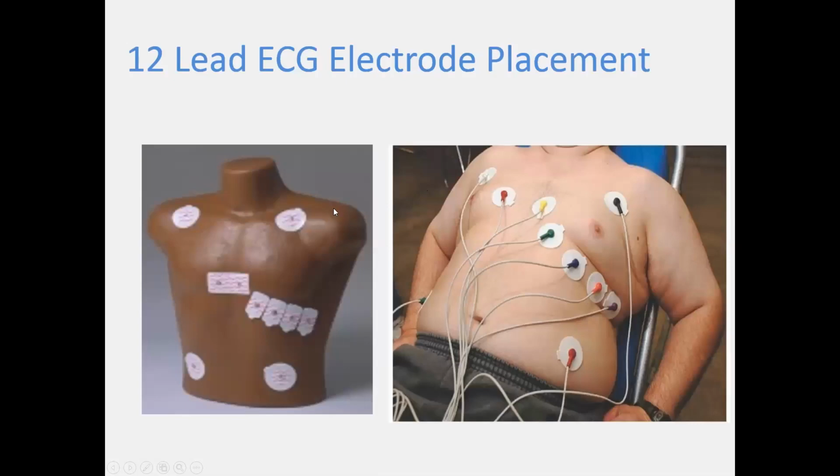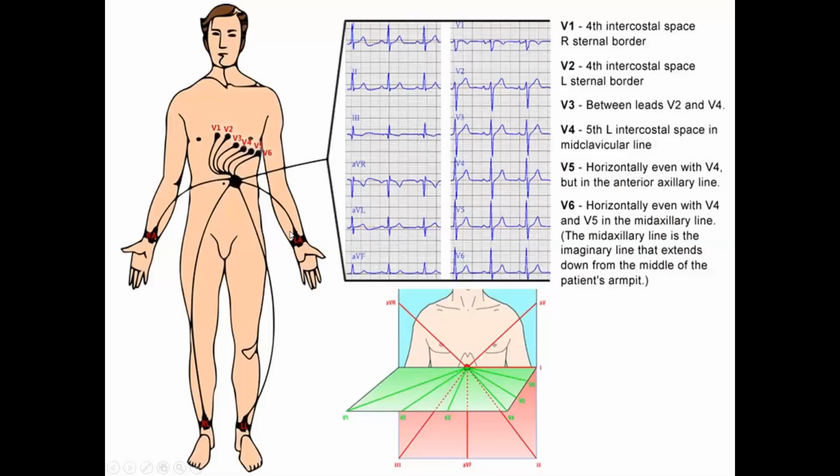Okay, and so there's actually only 10 electrodes on a 12 lead EKG. So with these 10 electrodes, we're able to see the heart in 12 different directions. So you can put those limb leads here: white on right, black on left, red heart, the green one left over. You can put them there, or you can put them on the arms and on the legs. Like here, they have those on the arms and legs.